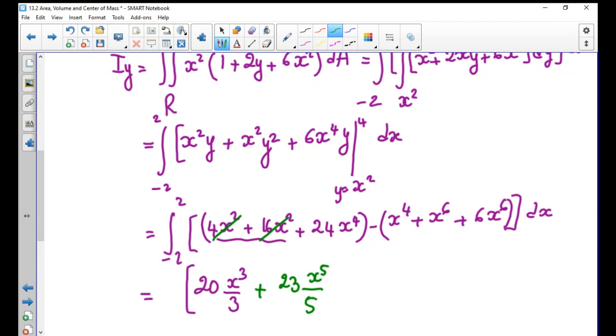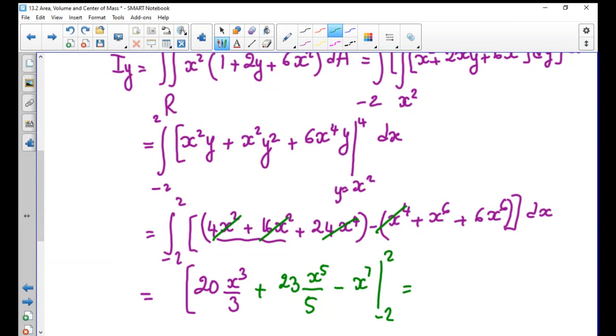And so that's okay. And then the x to the 6 with a minus, there is a minus there. So it's going to be minus x to the power of 7, from minus 2 to 2.